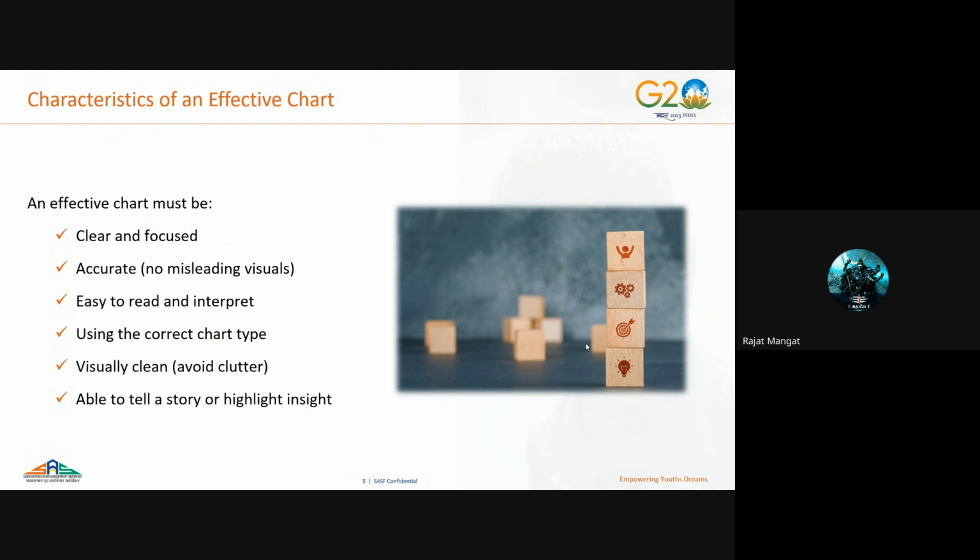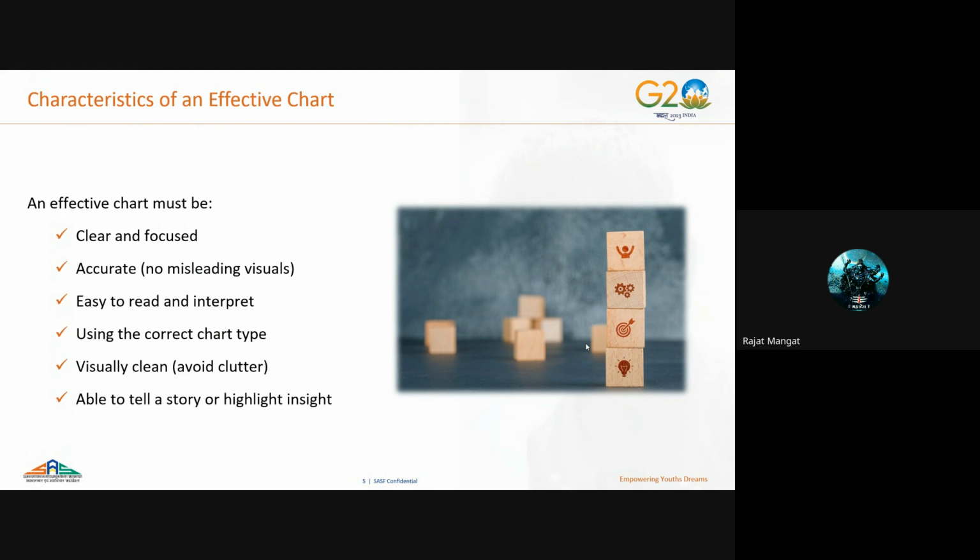So the goal is clear. Okay. As soon as anybody sees that chart, he will be able to identify, okay, this is about the sales that the company had in the previous 3 years or the current year. So it should be clear and focused.